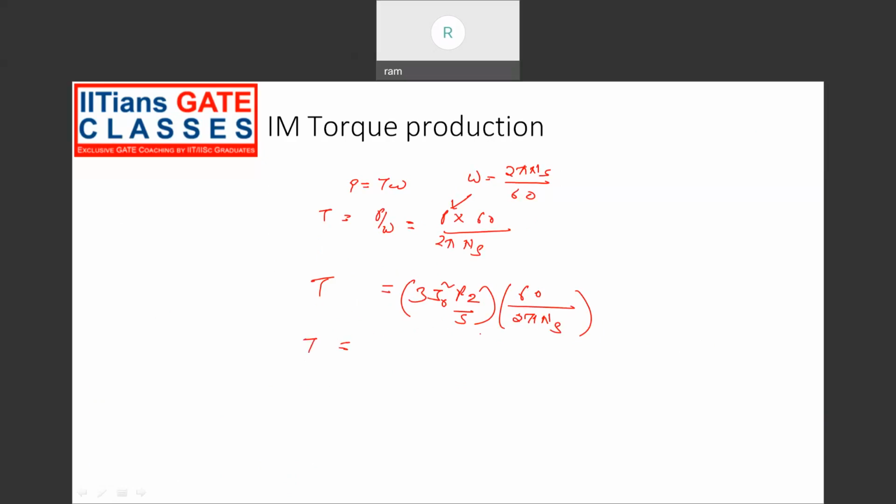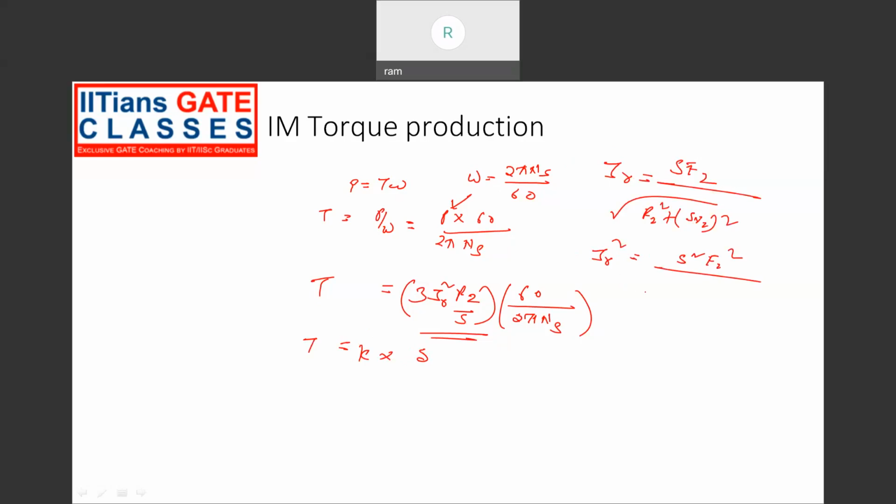If you take some of the constants in this equation, we can write torque equal to K into IR square R2 by S. We know that the rotor current equation can be given as IR equal to S E2 by the square root of R2 square plus SX2 whole square, right? So IR square equals S square E2 square by R2 square plus SX2 whole square.